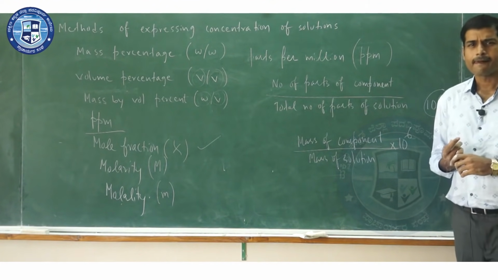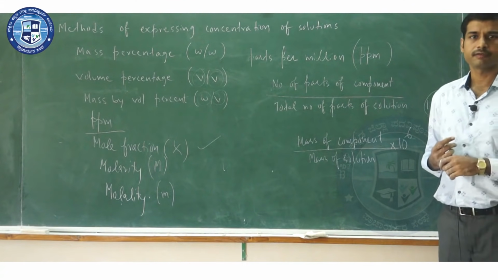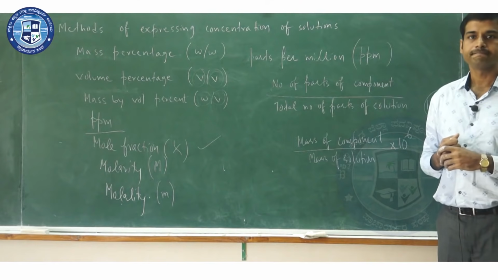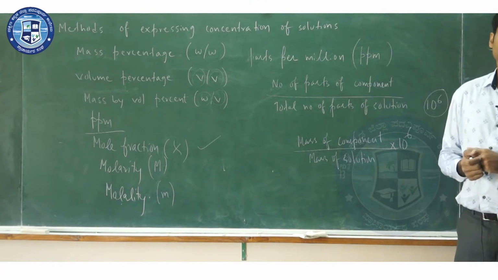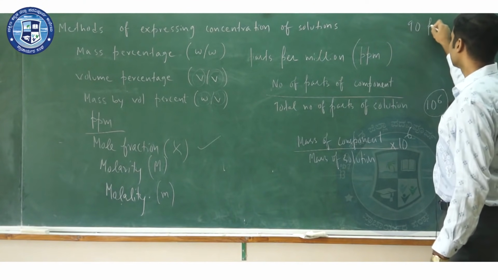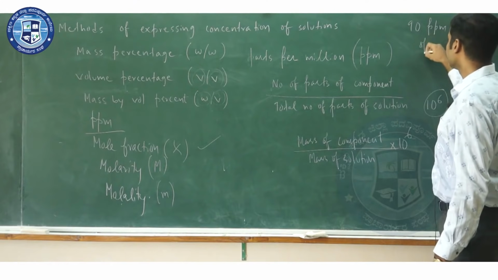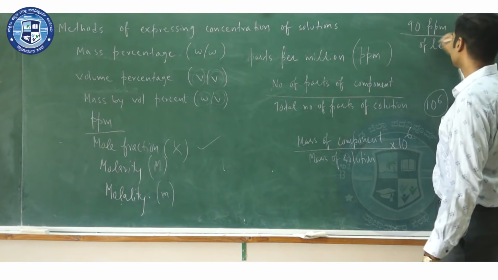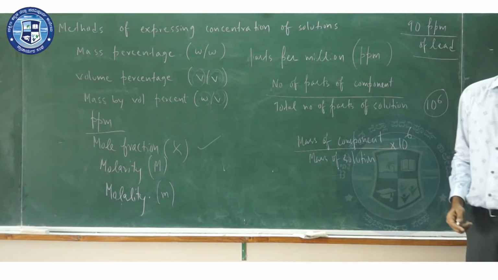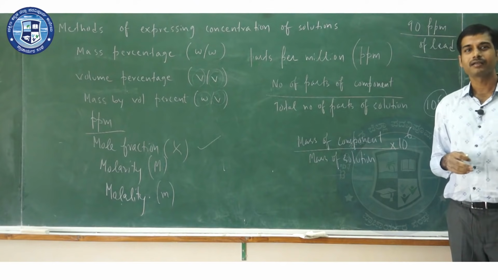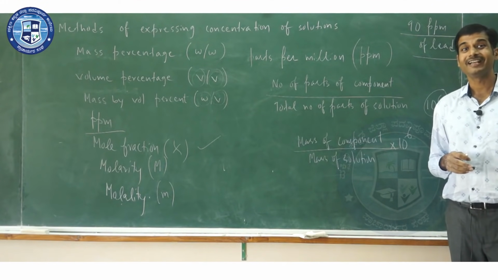But I've seen some of the paints, and the label that is mentioned in the paint will be this: does not contain more than 90 parts per million of lead. So a given sample of paint should not exceed 90 parts per million of lead.